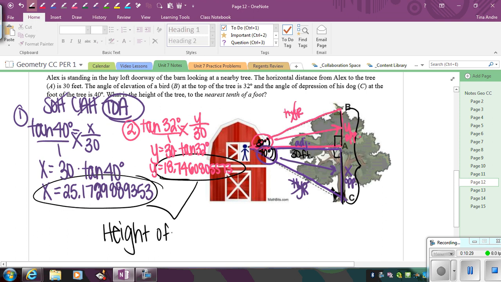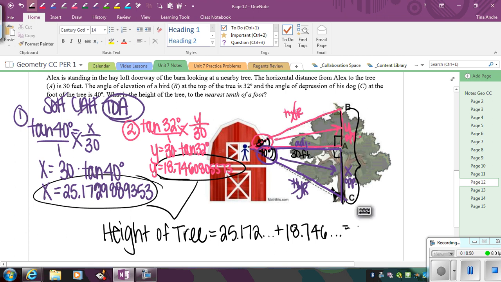So height of the tree is going to be equal to 25.172. Again, I'm just going to put dot, dot, dot. I'm going to be using these entire values in my calculator. So I'm scrolling up to the 25 plus, scrolling up to the 18, using the entire values.